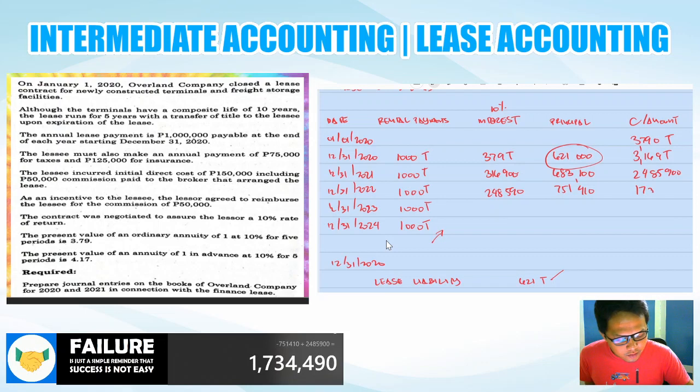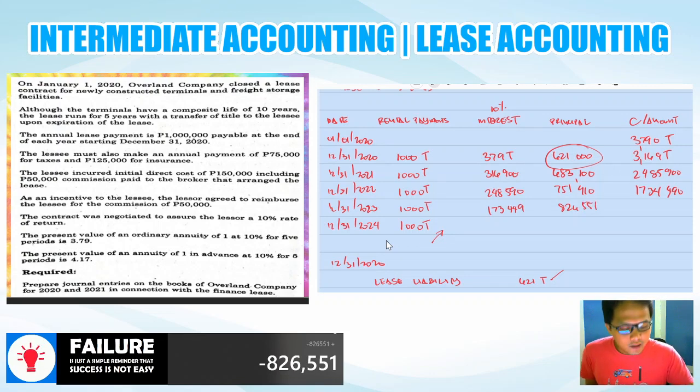So we'll have 1,734,490. Multiply again by 10%. That is 173,449. Deduct that from rental payment. So, the process just keeps repeating, no? It is a bit tedious, but easy because the process is repetitive. Then the carrying amount is 907,939.